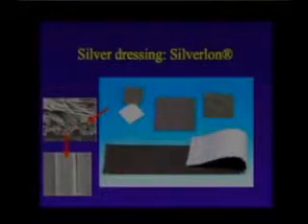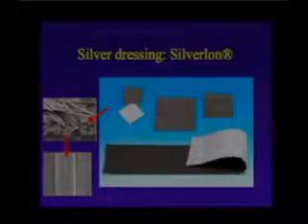This shows another kind of silver dressing with all those little silver fibers in there. That does help prevent infection. Sometimes patients will get dressings that have a network, almost like a frame for skin to grow on. And that's used in a number of patients as well.